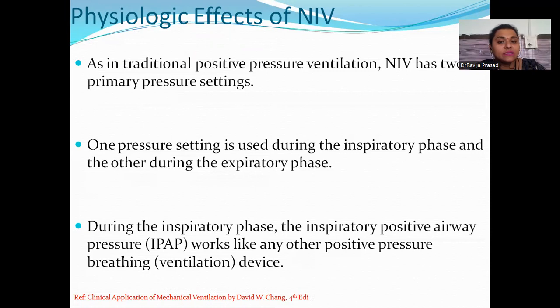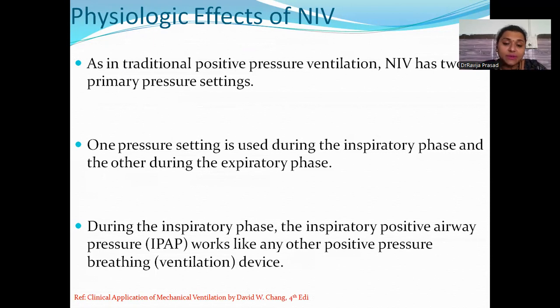As in traditional positive pressure ventilation, non-invasive ventilation has 2 primary pressure settings. One pressure setting is used during the inspiratory phase and the other during the expiratory phase. The non-invasive ventilator consists of 2 phases: first, the inspiratory phase, and second, the expiratory phase.